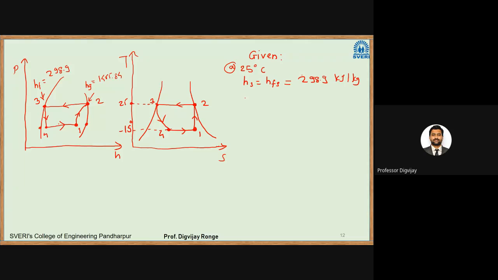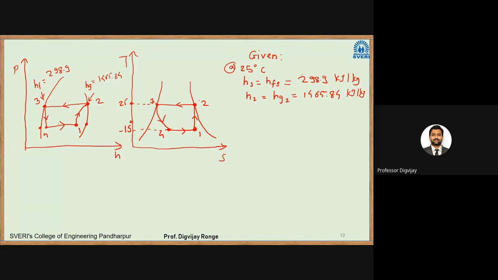In this case, H2 they have given. H2 will be equal to Hg2, where Hg stands for enthalpy of gas at point 2, which is 1465.84 kilojoule per kg. So this is the given data here.